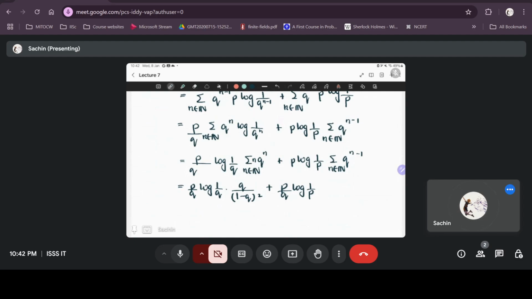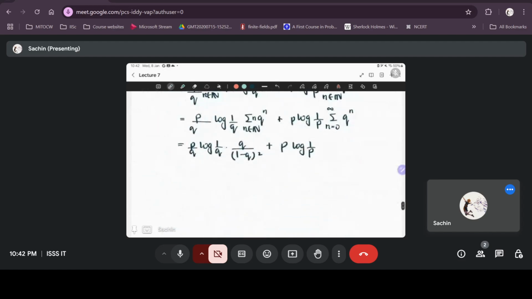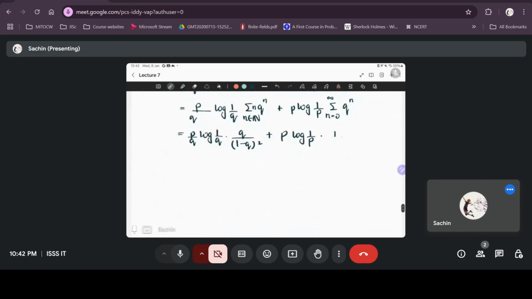Or I could again change this to the sum q power n, n goes from 0 to infinity. So here n goes from 1 to infinity, but n minus 1 goes from 0 to infinity, in which case the summation of q power n is 1 over 1 minus q. So this would be 1 over 1 minus q.